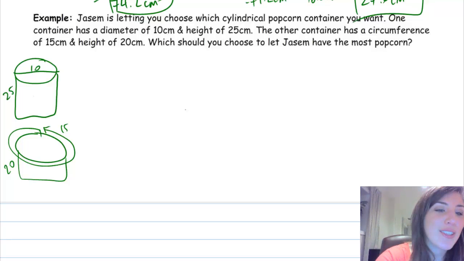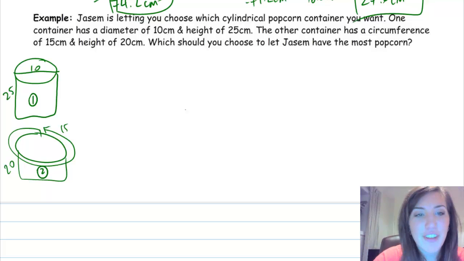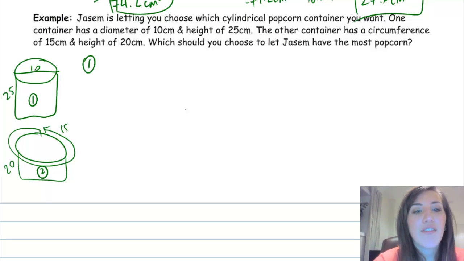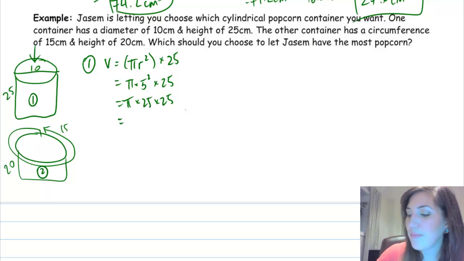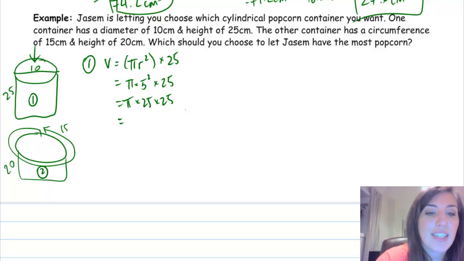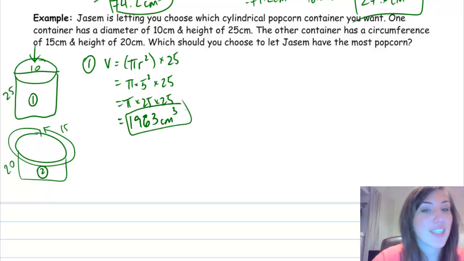Well, let's call this container 1 and this container 2 and figure it out. For number 1, the volume equals the area of the base, which is pi r squared, times the height. But do we know r? No, but we know the diameter is 10, so diameter 10 divided by 2 is 5. Pi times 5 squared times 25, so that's pi times 25 times 25, and that gives us a grand total of 1,963 centimeters cubed. So that's the volume of the first container.